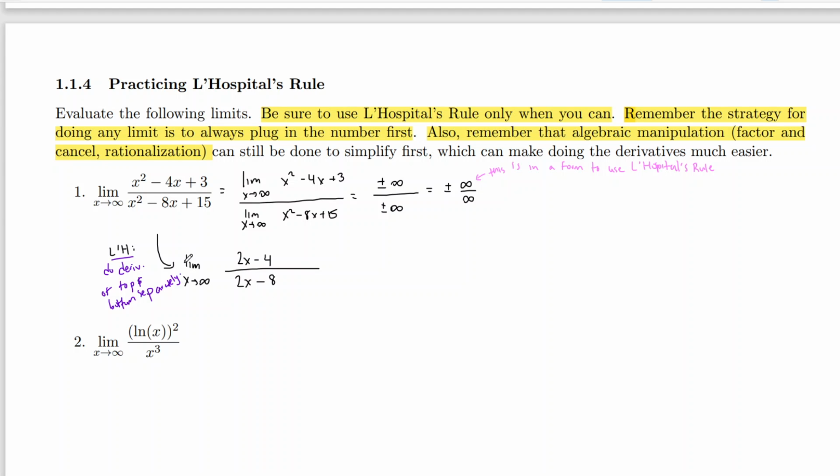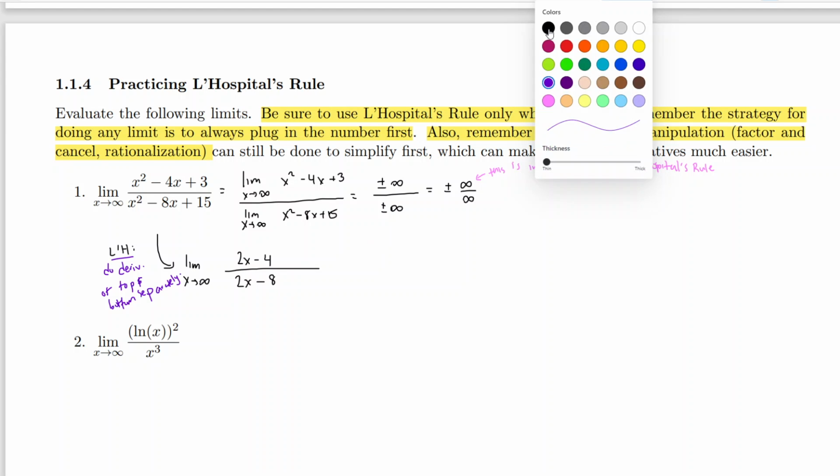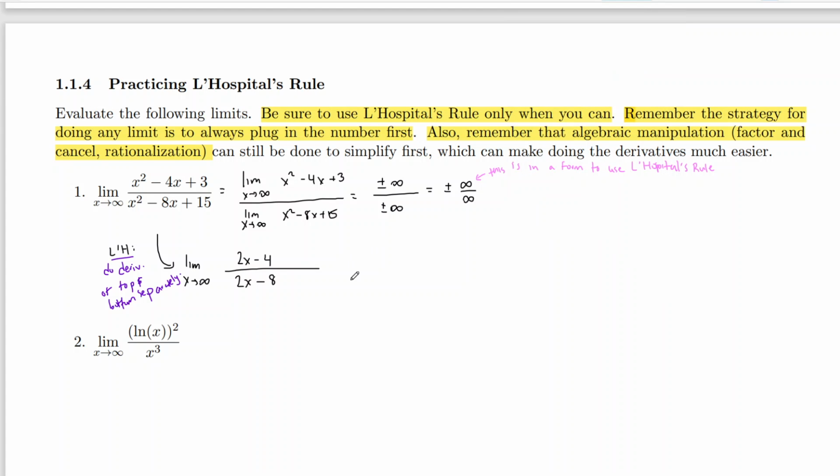But once I've done L'Hopital's rule, I can't just do it again. I need to now plug it in and see, do I get a number? Do I still get an indeterminate form? Well, let's just see.